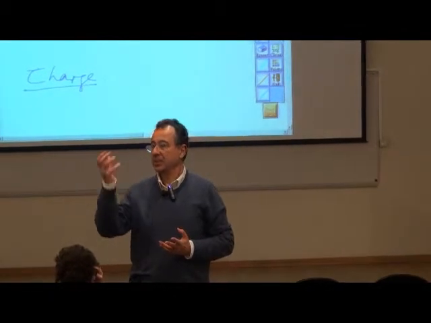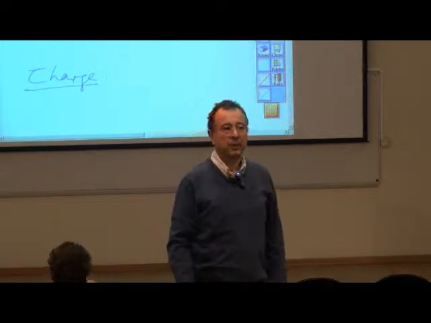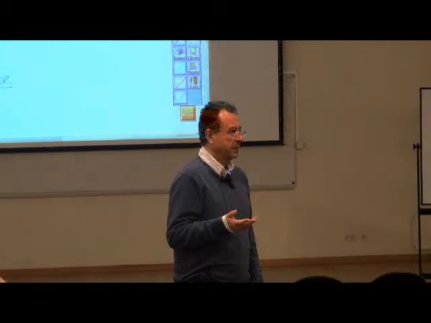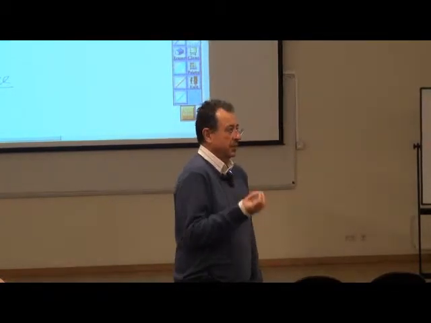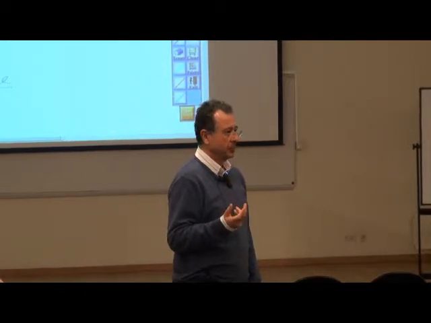It has to be an integer, plus or minus so many units of charge. Again, this may seem simple because you have already heard it, but it doesn't have to be so. This was discovered with great difficulty from experiments.